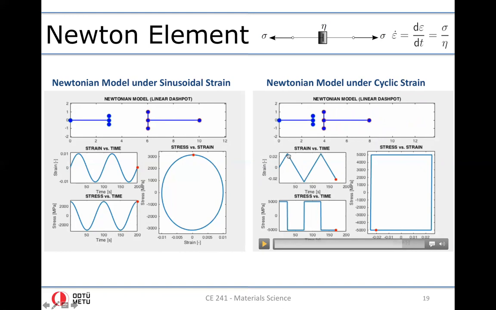At the turning points where the strain rate changes sign, we have a discontinuous stress response because there the derivative is not defined. At the corners of this sawtooth function, the rate of the strain is not defined, therefore stress jumps. The stress strain curve has such a purely dissipative response. We don't have any energy storage, but everything is dissipated in the form of such a rectangular hysteresis.